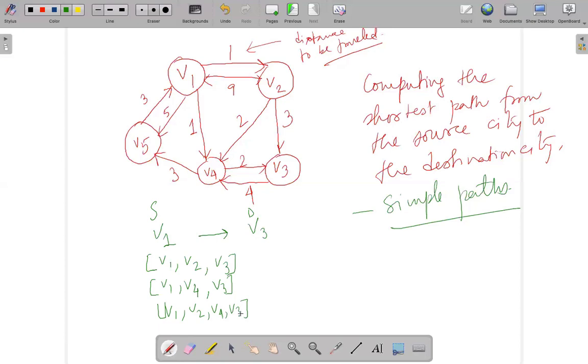Now for each of these, you can also compute the length or the distance to be traveled.